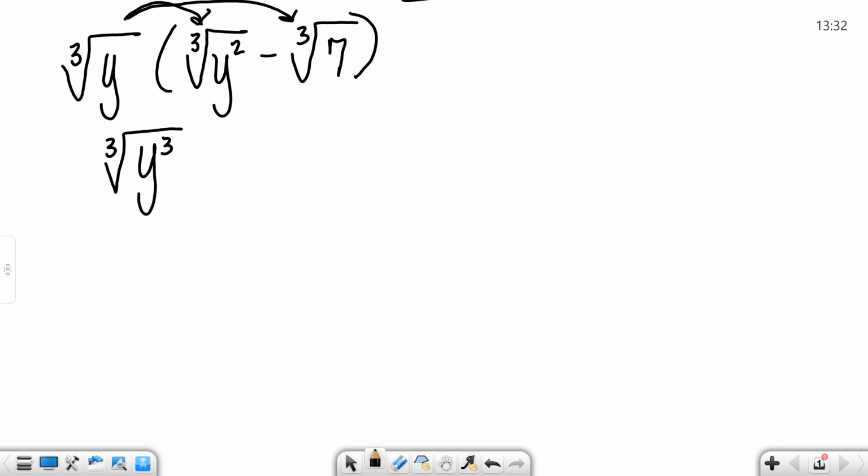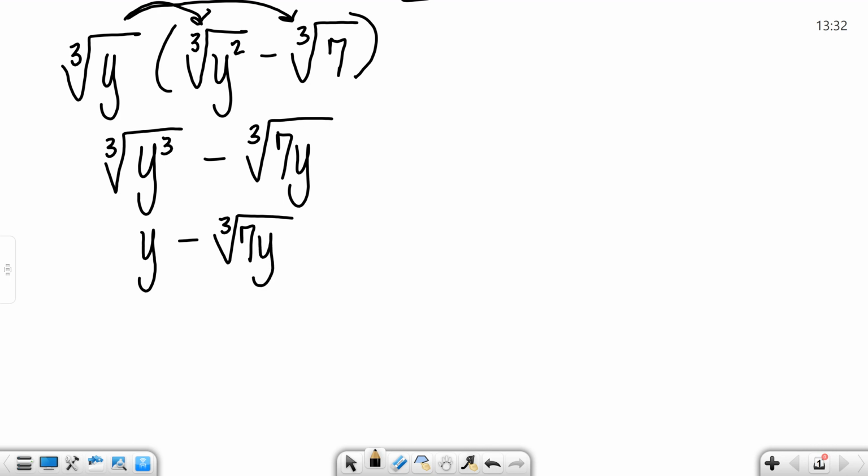We multiply the y times the y squared. Minus, again, we have a cube root times a cube root, so we can multiply inside, and that would be 7y inside. Now this cube root of y cubed, I can actually do that, and I get y. And then minus, you cannot do the cube root of 7y. So that would be our solution.